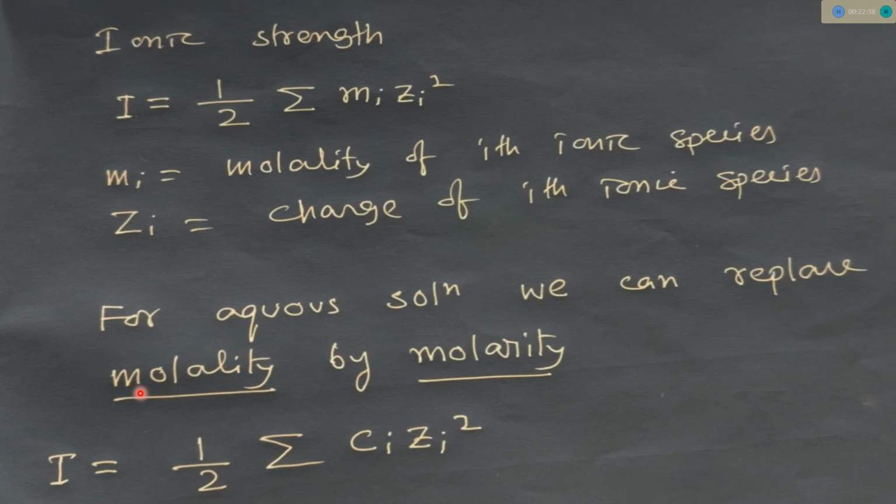Since the solution is dilute, we can use the molarity term in place of molality, and then we can write I is equal to half summation of Ci zi square. Since the concentration is given in molar units, we use this one.